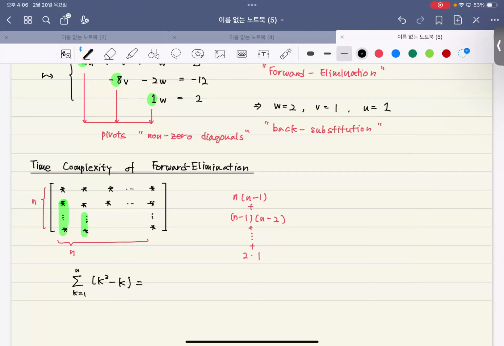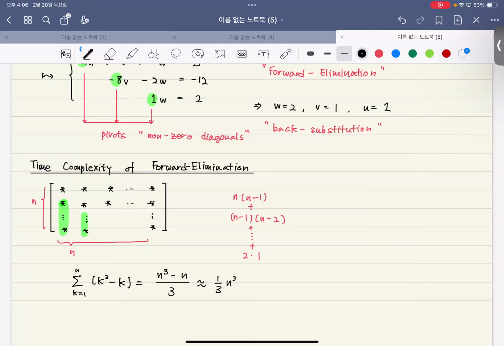What is this? This is 1/3. So if your n is large enough, then this number is most likely 1/3 times n cubed. In other words, the time complexity of this algorithm is n cubed, n cubic.